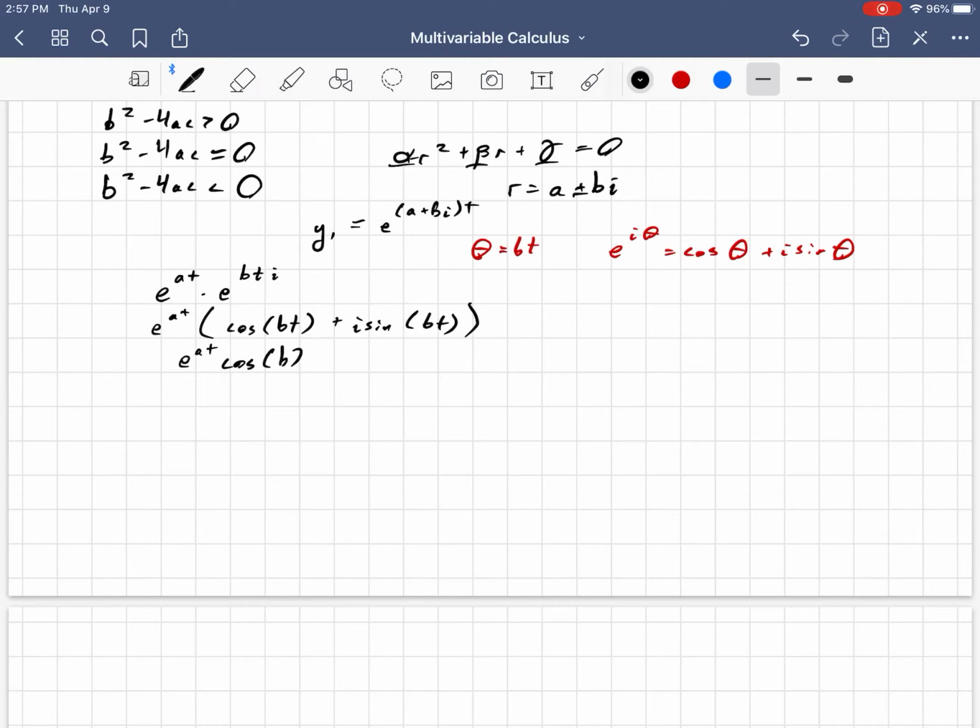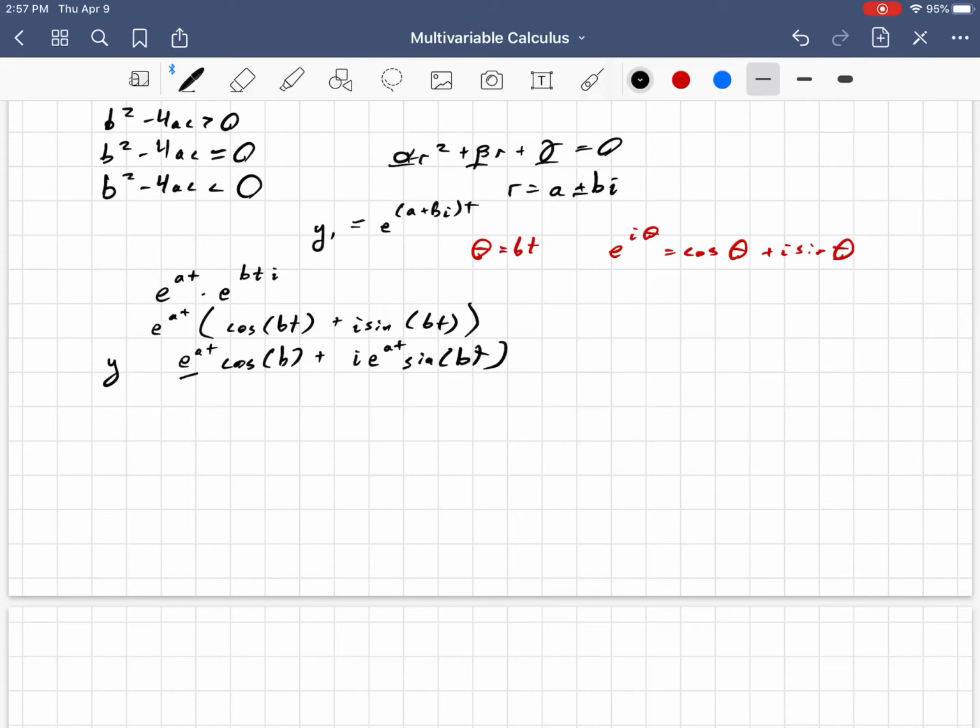And now we can make this e to the at times the cosine of bt plus i e to the at times the sine of bt.